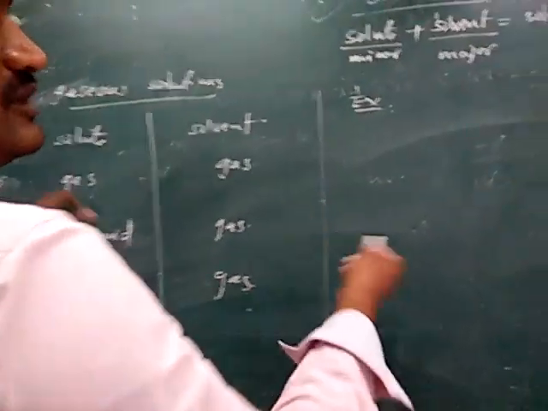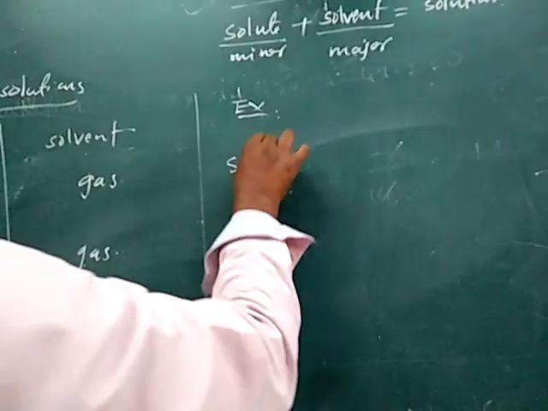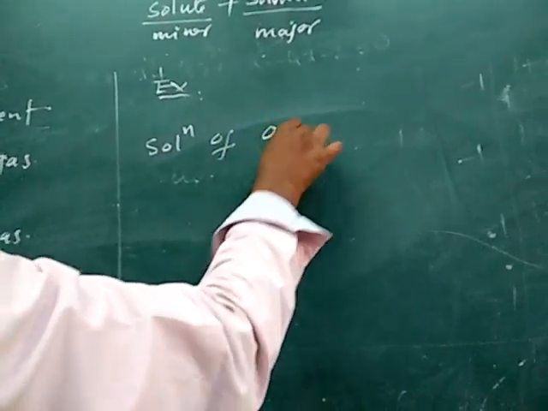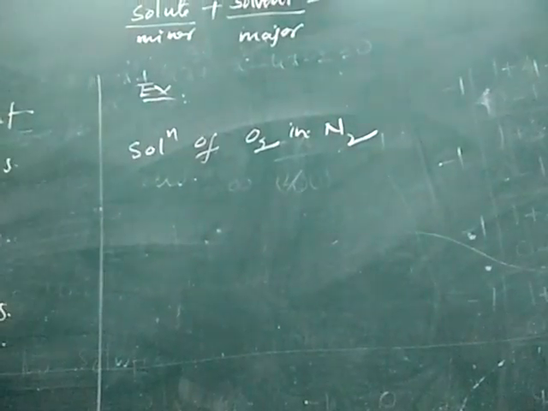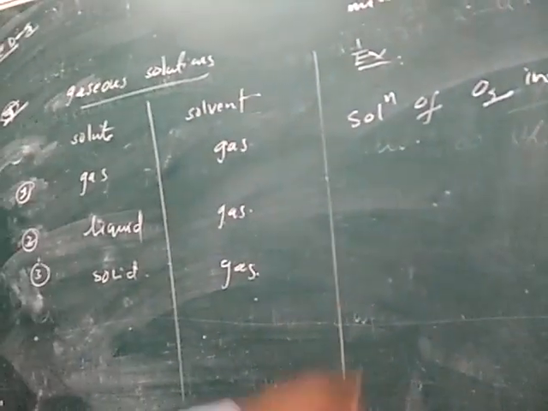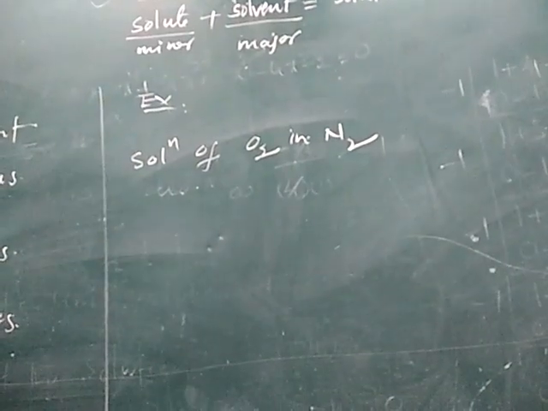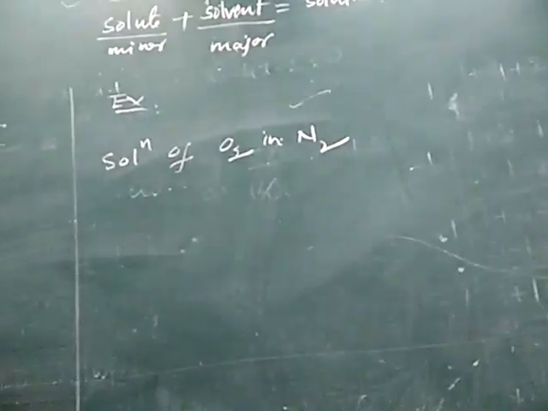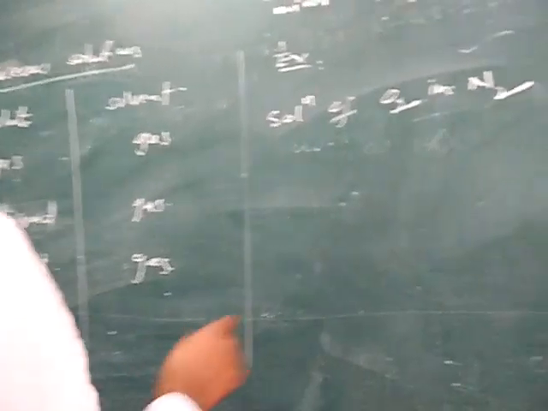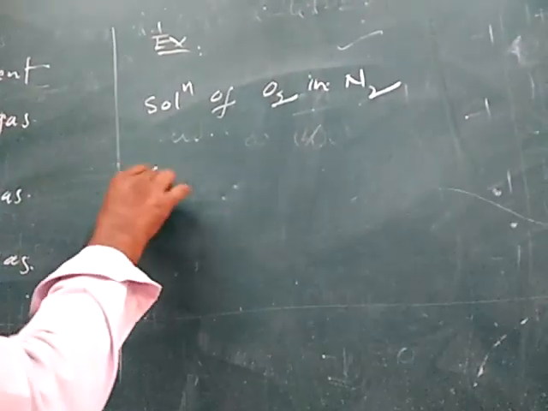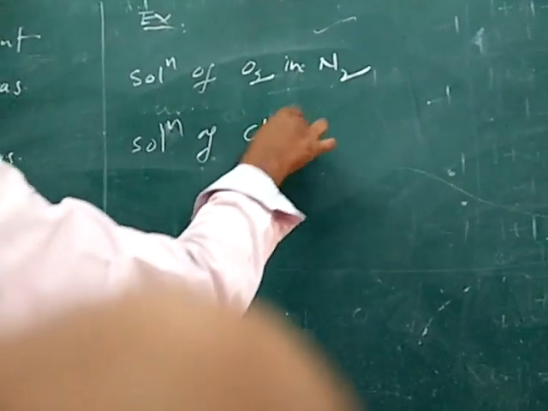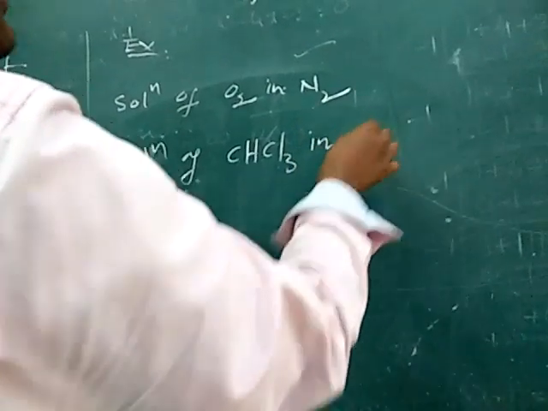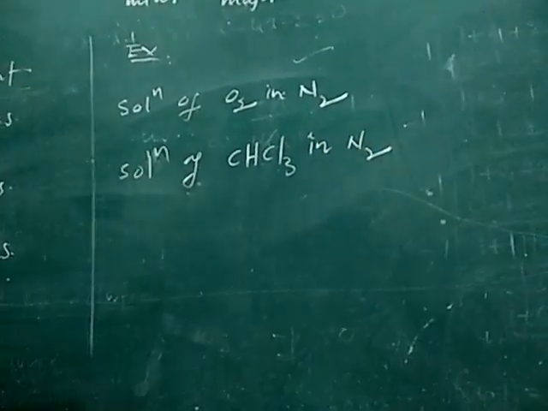Gas in gas type means, for example, a solution of oxygen in nitrogen. Oxygen gas is present in nitrogen gas, because nitrogen is more and oxygen is less. Next, liquid in gaseous type: a solution of chloroform in nitrogen gas.